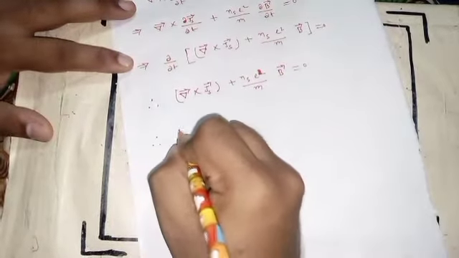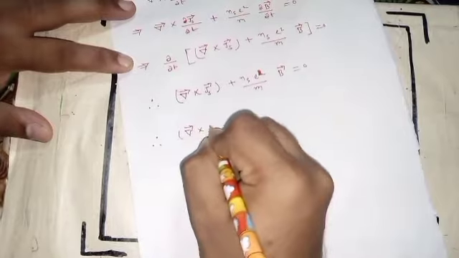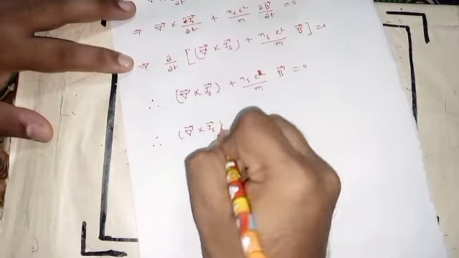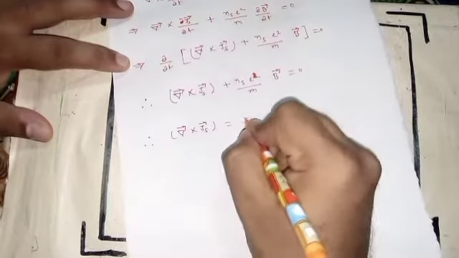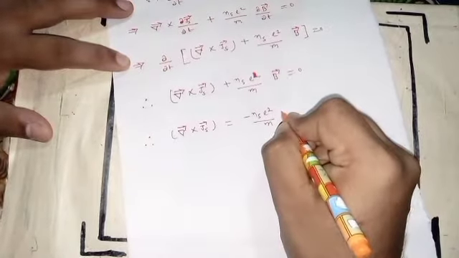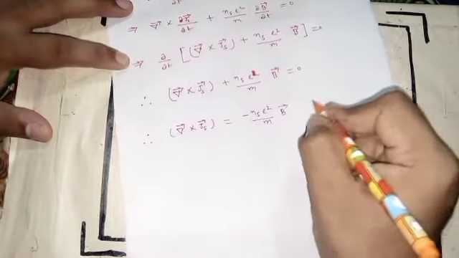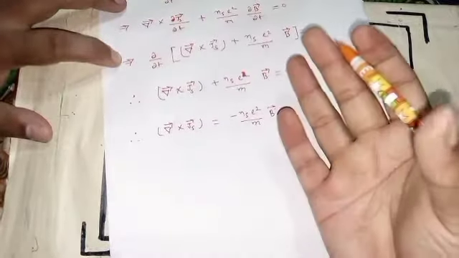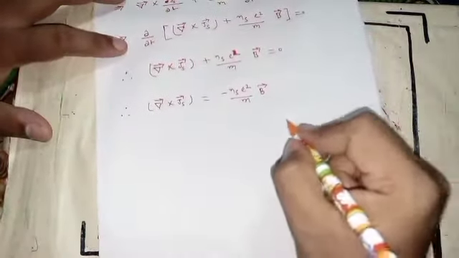Therefore curl of Js vector is equals to minus Ns e square by m B vector.